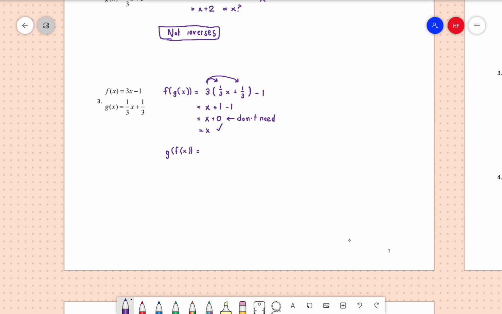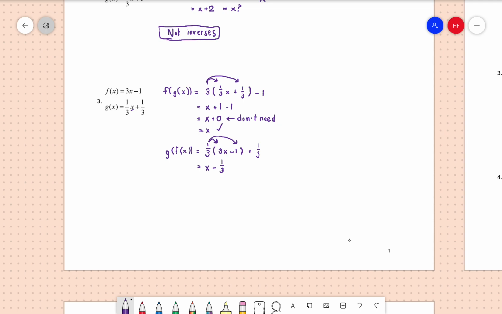Now I'm starting with the function g, and instead of writing x, I'm going to write this whole function here. So 3x minus 1, and then plus 1/3 on the end. I'm distributing a third. So 1/3 times 3x is going to be 1x. 1/3 times a negative 1 is a negative 1/3.